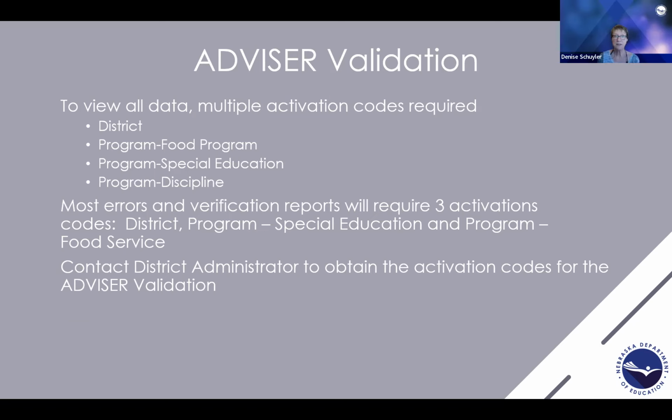Most errors and verification reports will require at least 3 of those 4: the district, the program special education, and program food service. If you as the data steward need to review discipline errors and verification reports, then you would also need that 4th program discipline activation code. Please contact your district administrator for those activation codes for advisor validation.